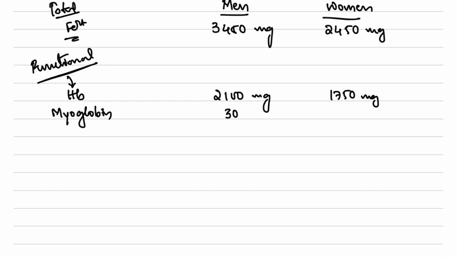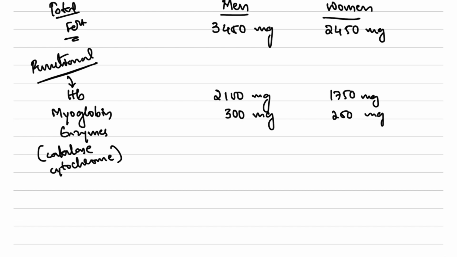Myoglobin is approximately 300 mg in men and 250 mg in women. After myoglobin we have certain enzymes, like catalase and cytochromes, which contain iron. Throughout the body they contain 50 mg in both men and women.